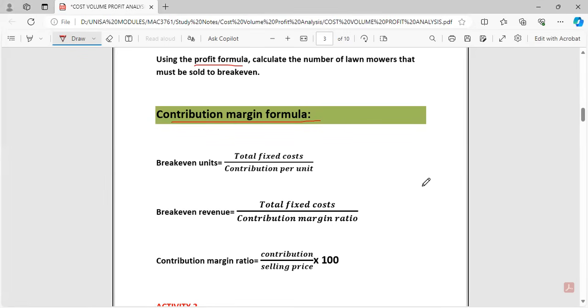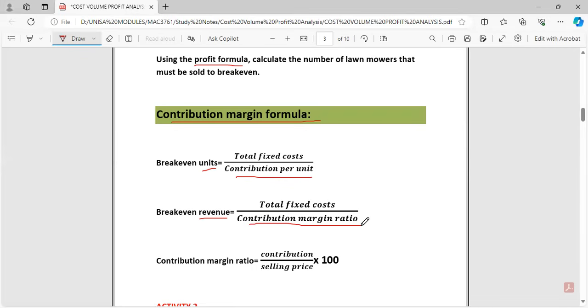But always be careful in the question. If the question requires you to use the break-even units, then you should use the contribution per unit. If the question requires you to calculate the break-even revenue, which means the break-even value, then you are going to use the contribution margin ratio.